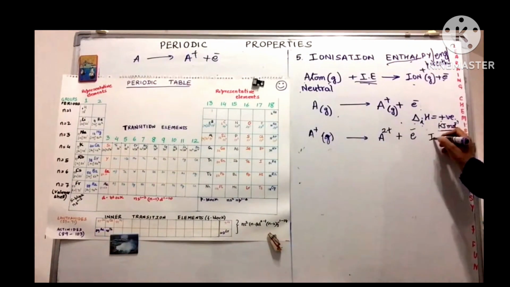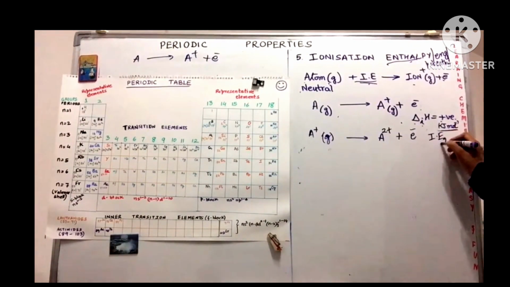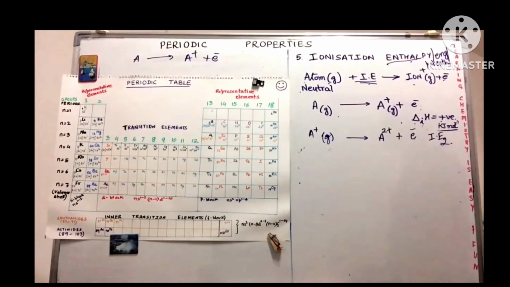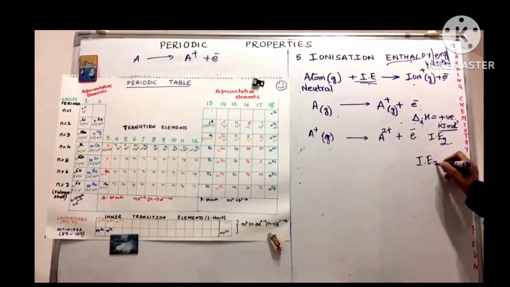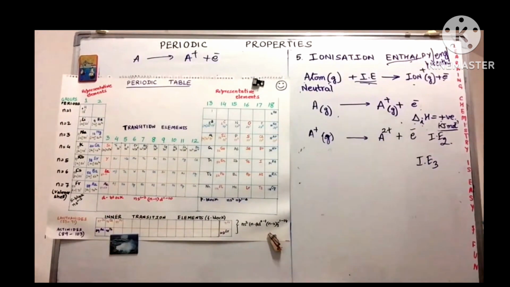The ionization energy here will be called IE2, and that is second ionization energy. Same way you can have third ionization energy, and so on and so forth. Although you usually do not remove more than 3 electrons, that you would have done in chemical bonding as well.